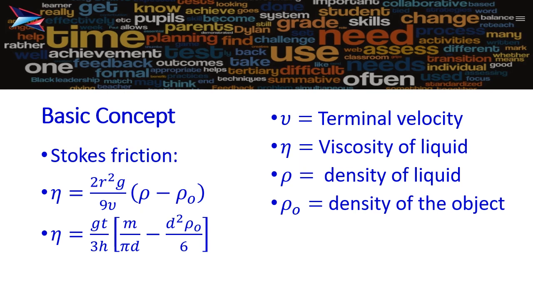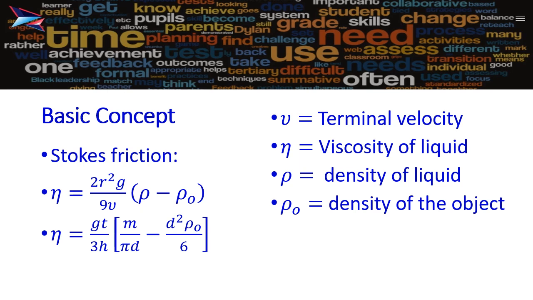When the object free falls in the liquid, two different forces are applied to it. The first is its weight, which is gravity, and the second is the liquid friction, which is applied upwards to restrict the motion.